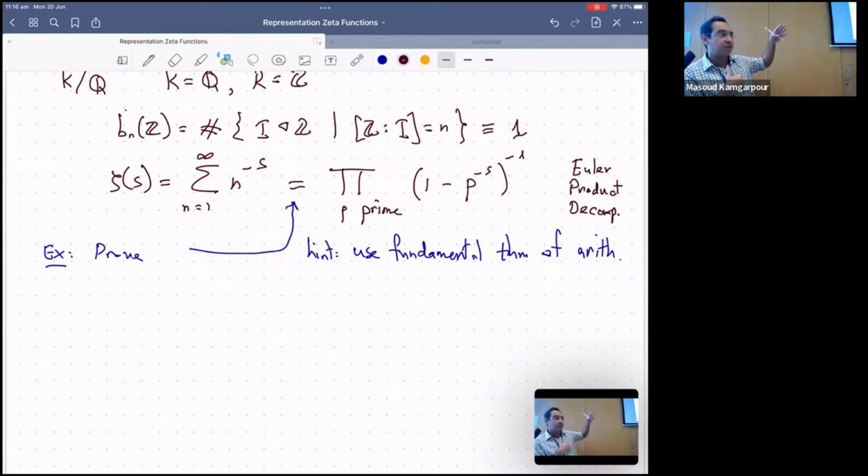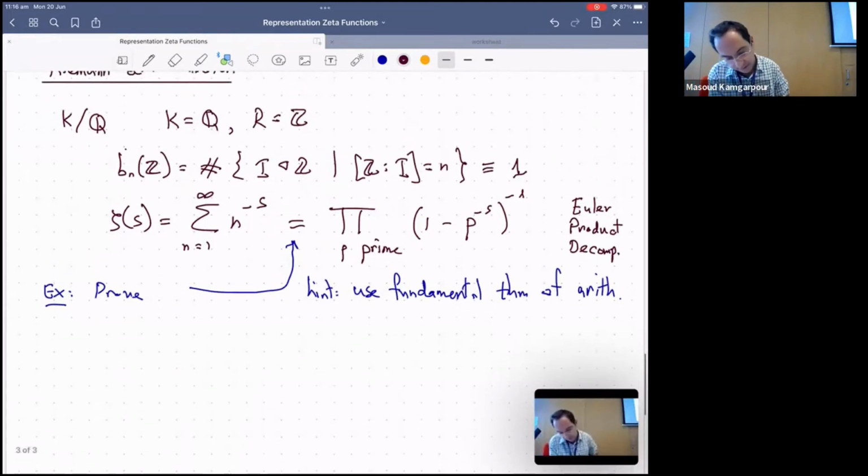Every subgroup of the integers is cyclic, and it's just isomorphic to Z. So there's only one of any given index. But Z is also abelian, so this is also a normal subgroup. And Z is also a ring, so this is also an ideal. So the number of ideals in Z of index n is one. There's only one: I is equal to nZ. That's your I. So there's only one.